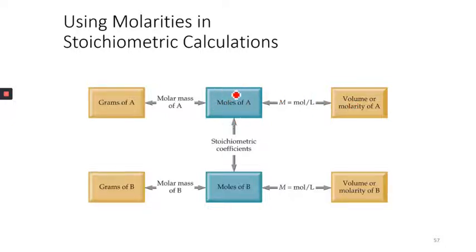But if you have moles of A, you could use your mole ratio from your balanced chemical reaction to get moles of B. And then you could go either way, get grams of B, or if you know the volume, you could get molarity of B. So sometimes these flowcharts are good for your visual learners. If you're still unsure after seeing this, we're going to do a couple examples and hopefully that'll clear it up.